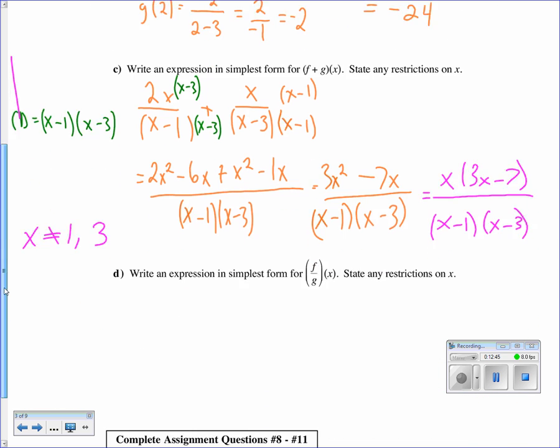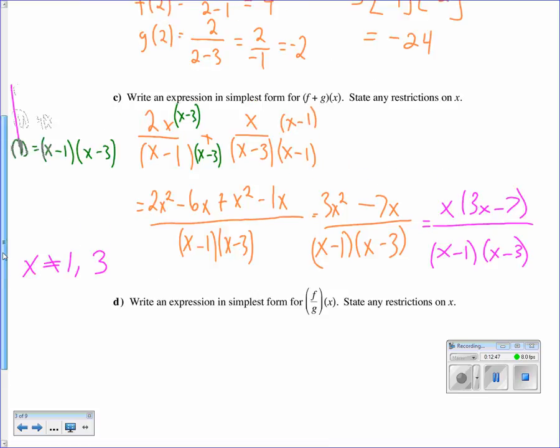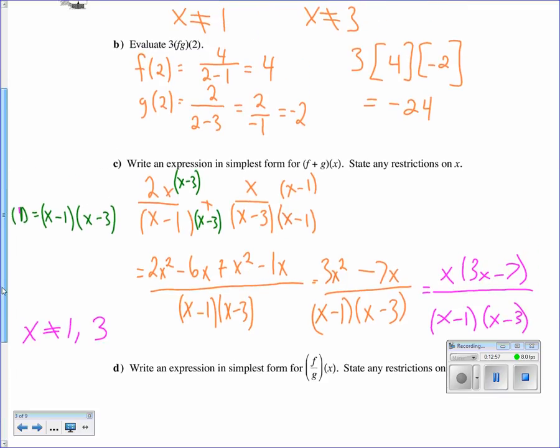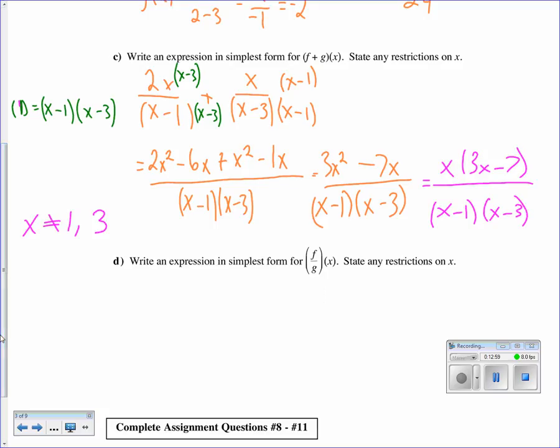One last discussion, and that is to divide. So we can multiply, we can add, and we can divide. Now I have to divide f by g, which again is going to involve some work. f is 2x over x minus 1, and I have to divide that by x over x minus 3.